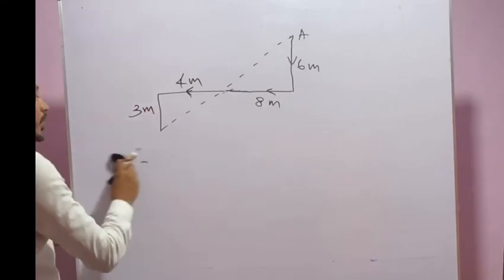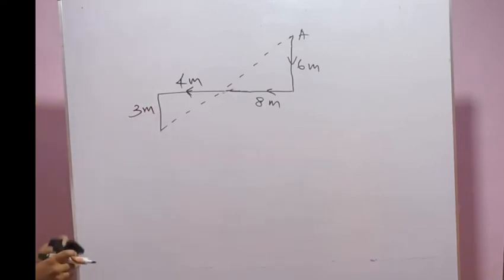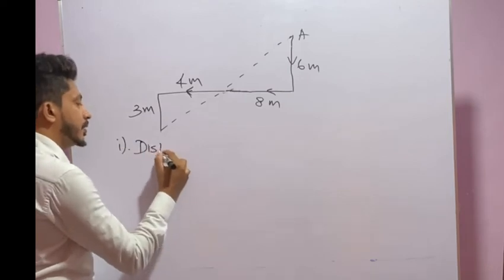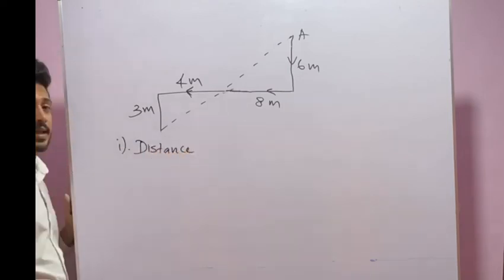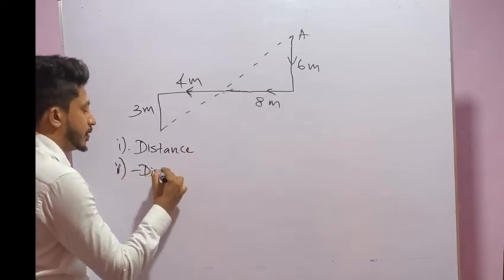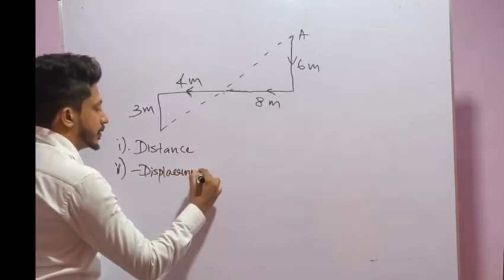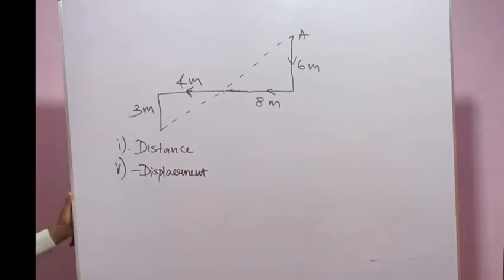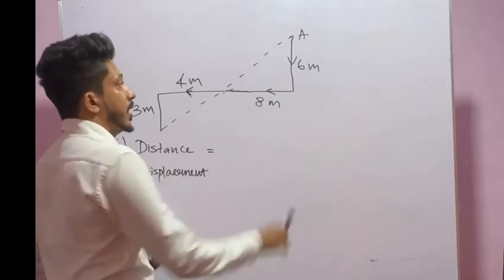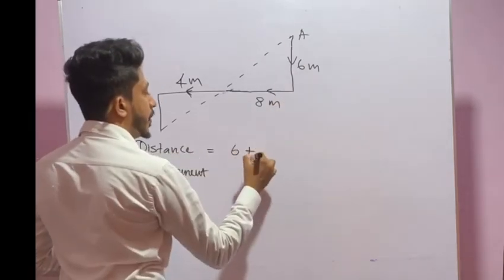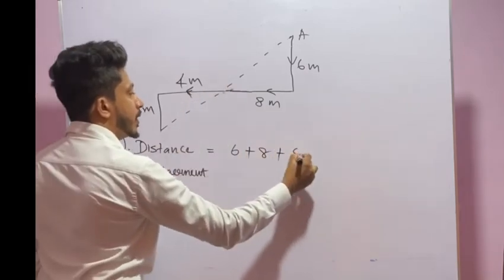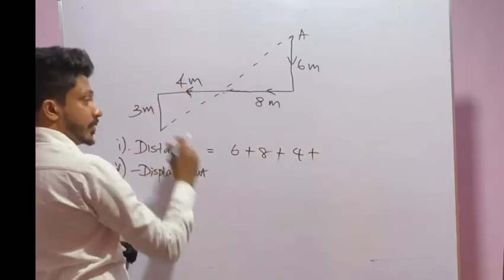Now it asks, what is the distance that the student has traveled, and what is the displacement? You can easily calculate the distance: 6 plus 8 plus 4 plus 3.